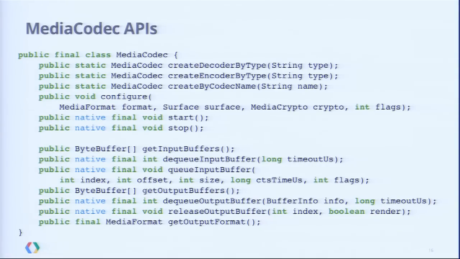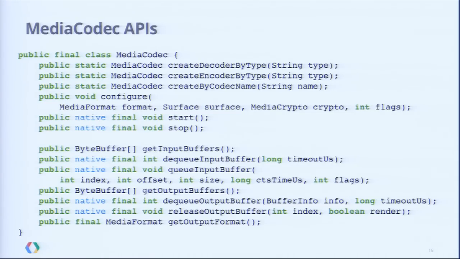And then you call releaseOutputBuffer. It has two arguments. The first, same thing, is an index into the array of byte buffers. The second is a Boolean value indicating whether you want to render this output buffer. For video, rendering means you want to show the video frame. For audio, it means you probably want to send it to the audio sink.